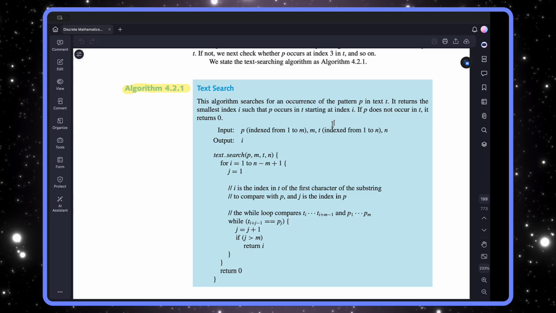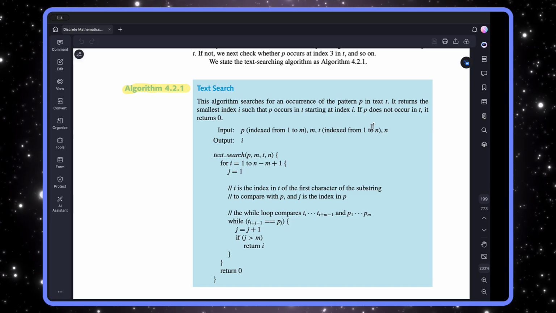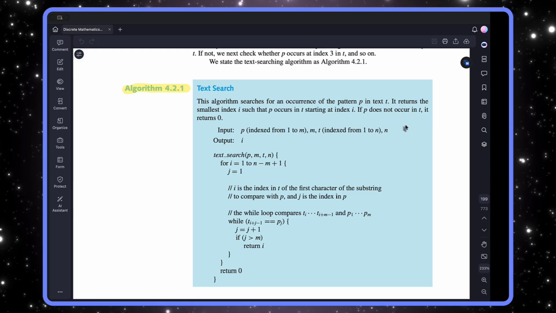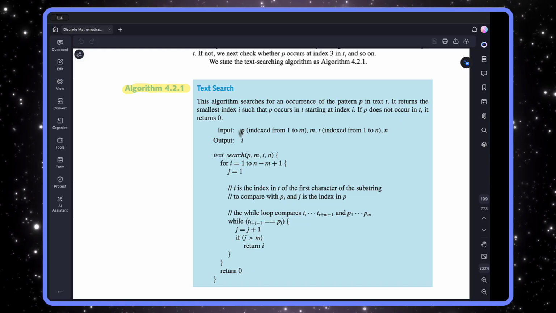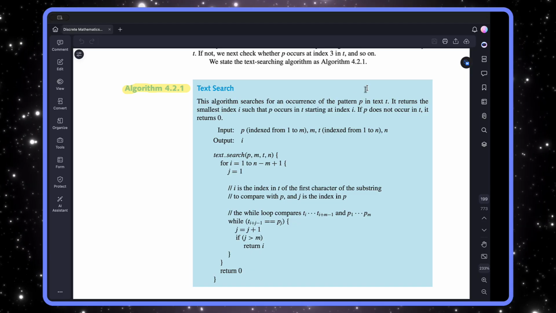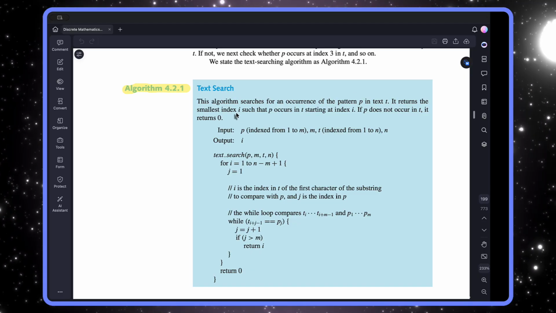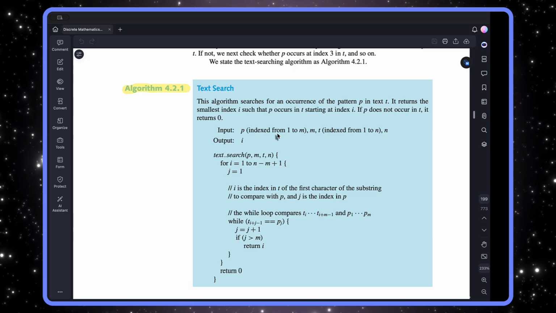And then we have T, which is the text that it's going to search, indexed from 1 to N, and then N. And then it's going to output I, which is the index at which P starts, right? And also it's going to return 0, so I or 0.